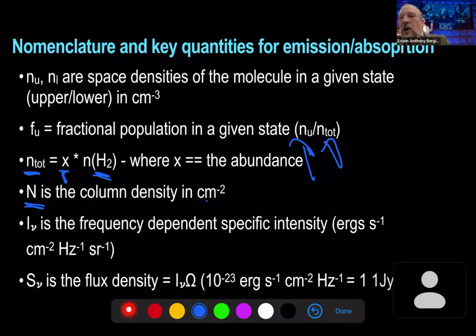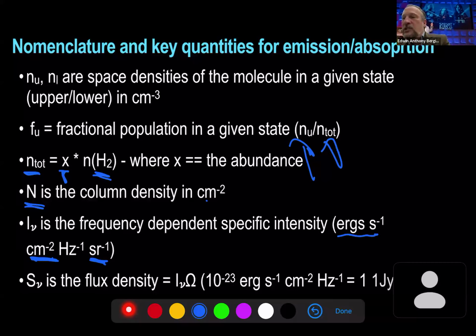There's a certain amount of molecules that are emitting, and they're emitting from a certain area in the sky, spreading out into an ever larger and larger volume.